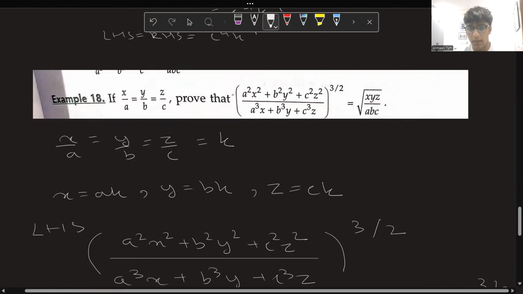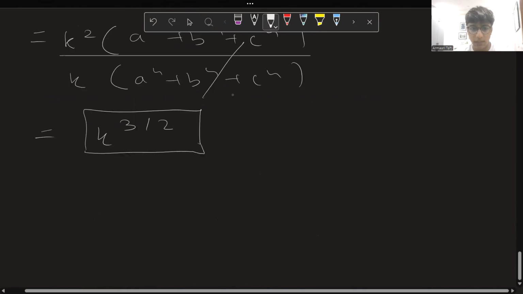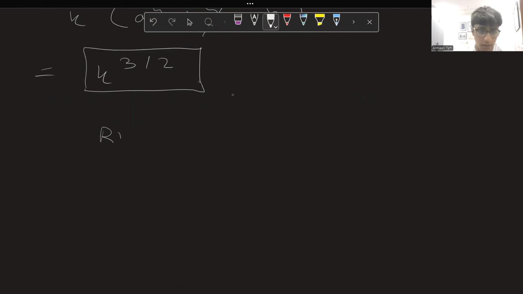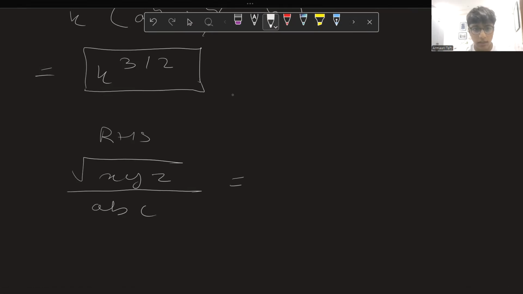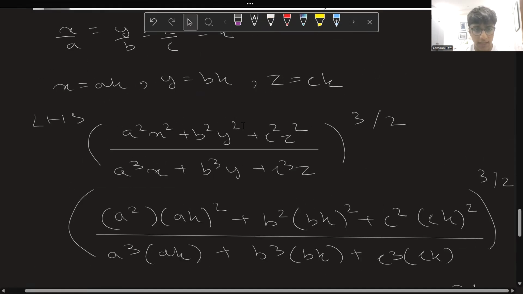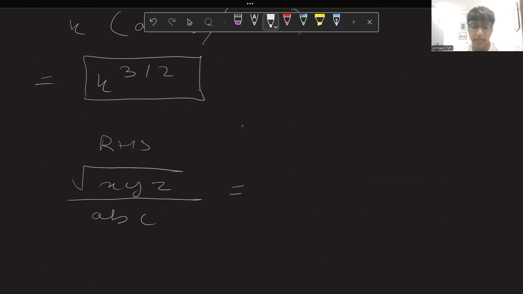Now we've got our RHS. RHS is root xyz by abc. And what had we written our x as? x was ak, y was bk, z was ck.